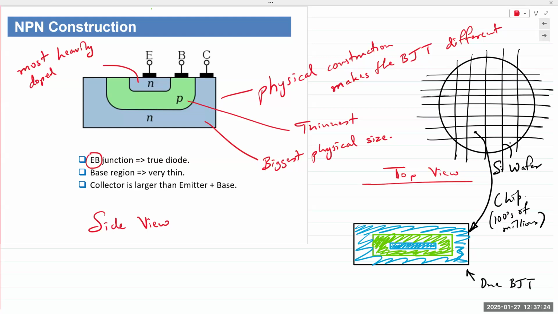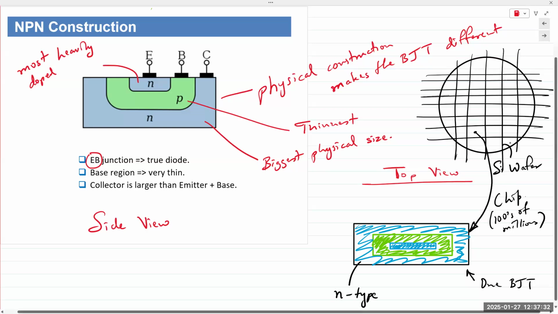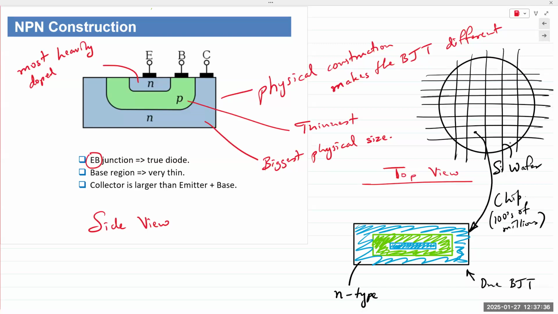If you want to create an NPN transistor, you would have an N-type silicon wafer. You create an opening in the N-type material, implant it with P-type dopants. Inside that P-type dopant, you again create a smaller opening and you implant an N-type material. Now you have an NPN transistor.